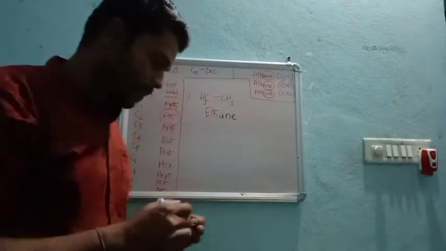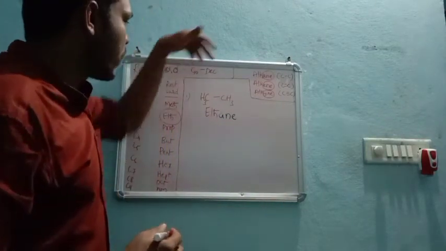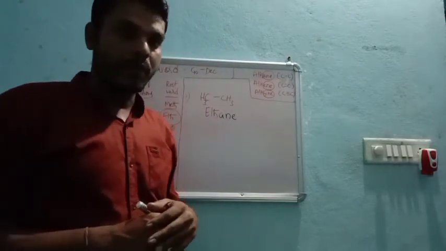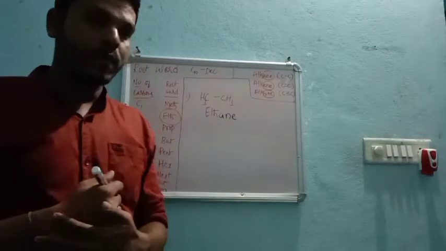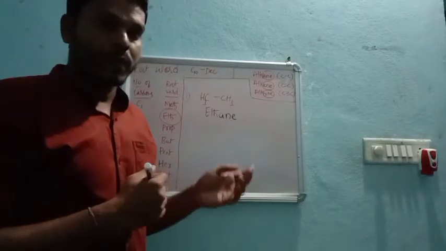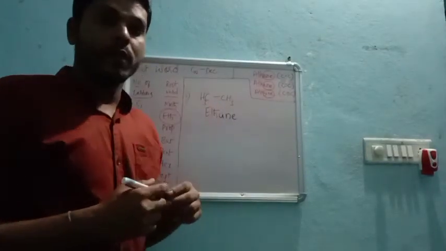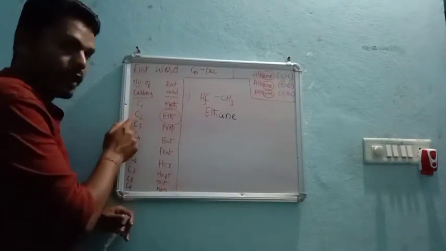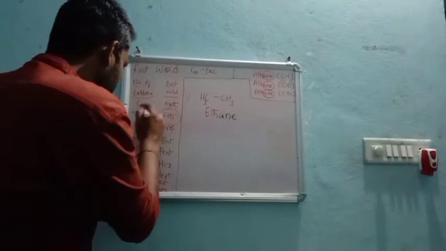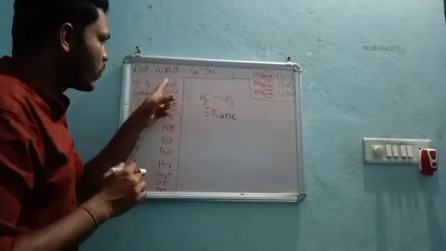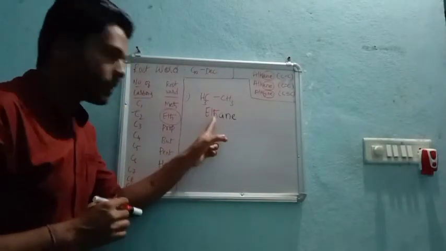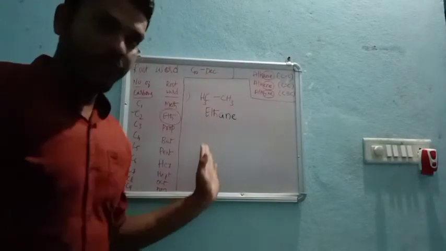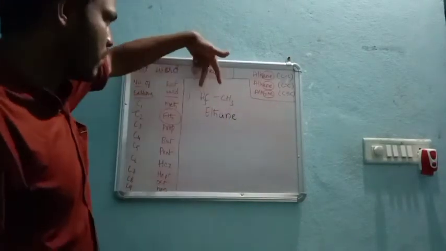This much simple it is. Again, I repeat. First, in this example of an organic compound, there are two carbon atoms. So, according to the root word, if there are two carbon atoms, then the root word will always be eth. I just used the prefix eth, because of the presence of two carbon atoms.